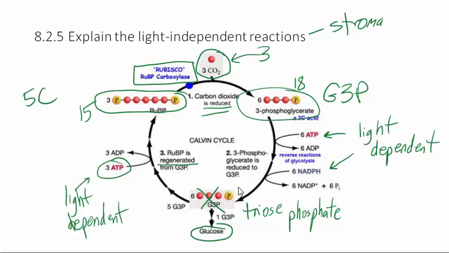You still have 18 carbons down here. The molecule's just been rearranged to make triose phosphate. When one of these triose phosphates comes off to make glucose or amino acids, you have 5 triose phosphates left. And that's 15 carbons, which is the same as what you started with in the original RuBP set.